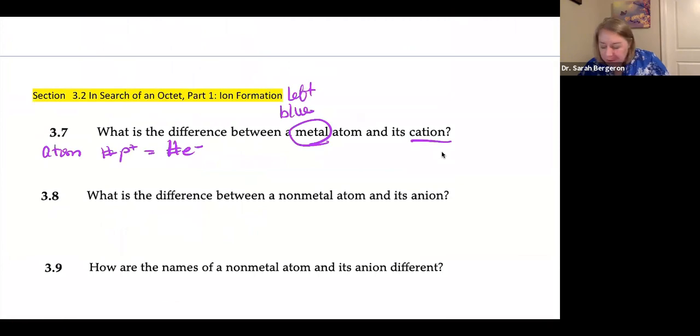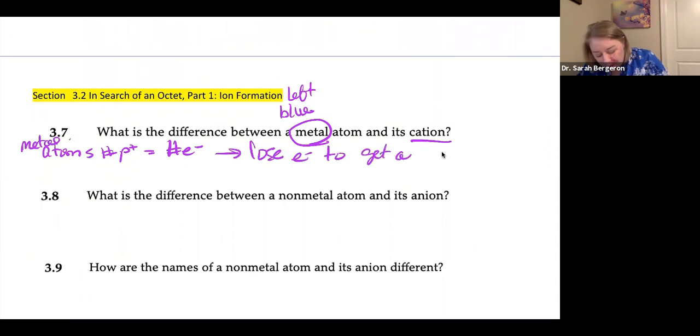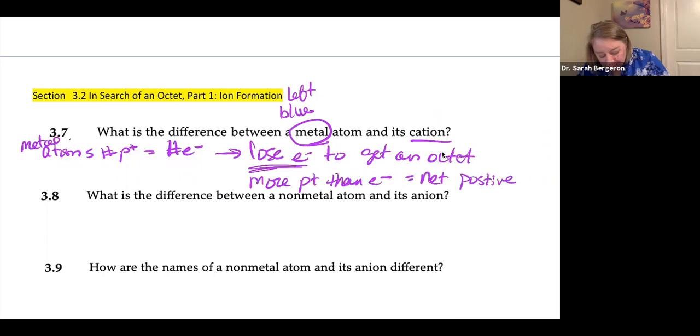So this is metal atoms. Now are they going to gain, or are they going to lose? What are they going to do? These are going to lose electrons to get an octet. So if they're going to lose electrons, now they're going to have more protons than electrons. And so they're going to have a net positive charge, okay?